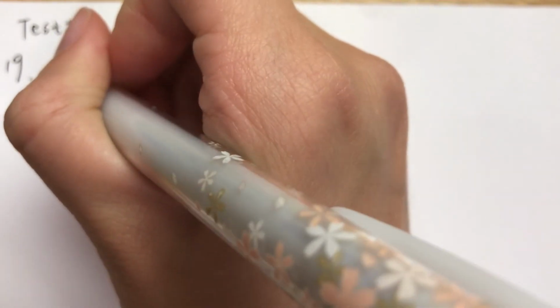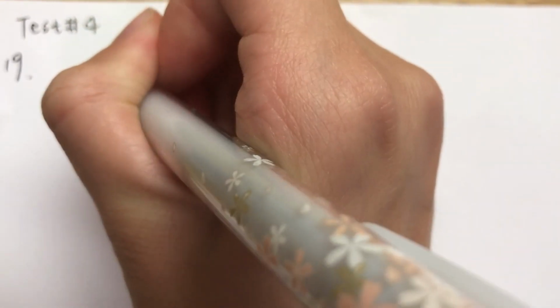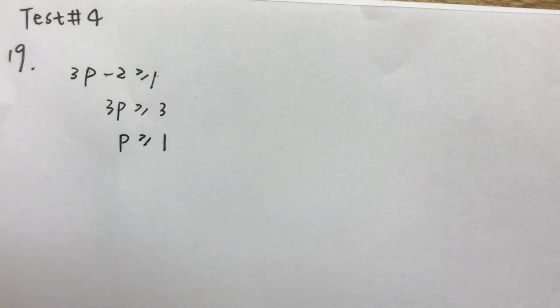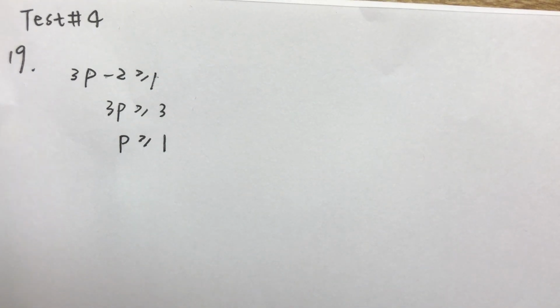So the inequality is 3p minus 2 greater than or equal to 1. Firstly, we need to solve for p. So 3p is greater than or equal to 3, p is greater than or equal to 1. After we have the value of p, we need to solve for 3p plus 2.